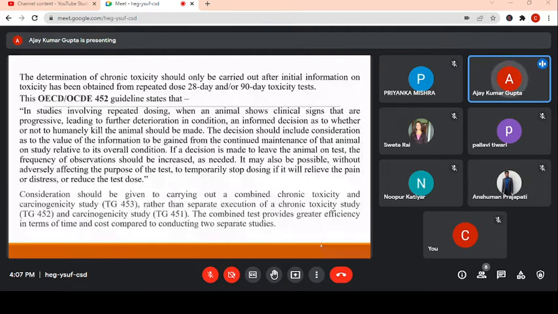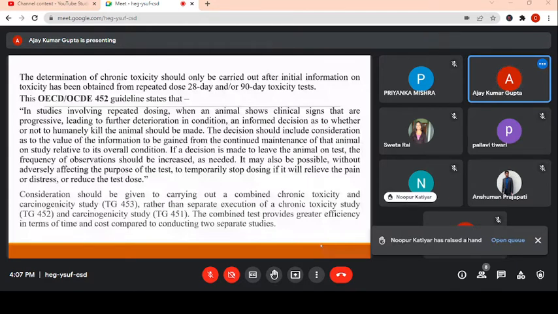If a decision is made to continue the animal on test, the frequency of observation should be increased as needed. It may also be possible to temporarily stop dosing if it will relieve the pain or distress, or reduce the test dose.